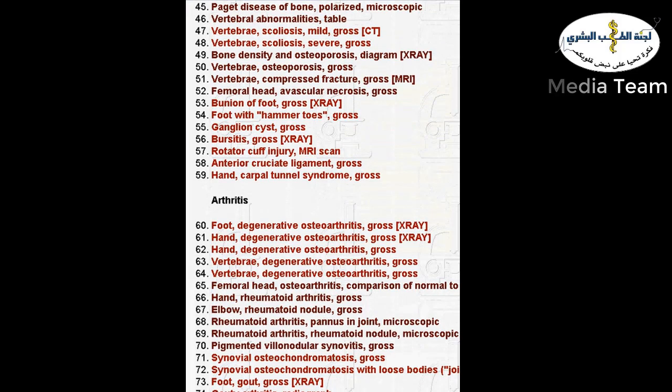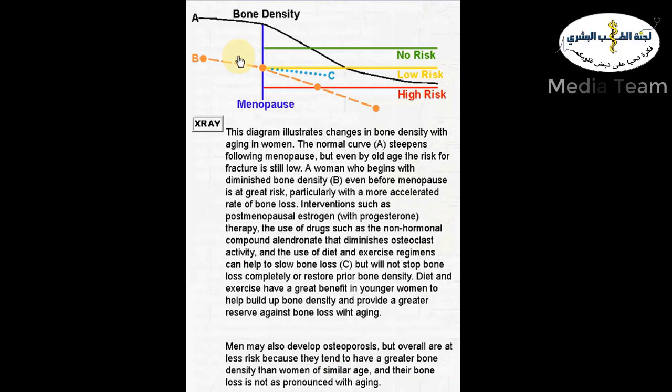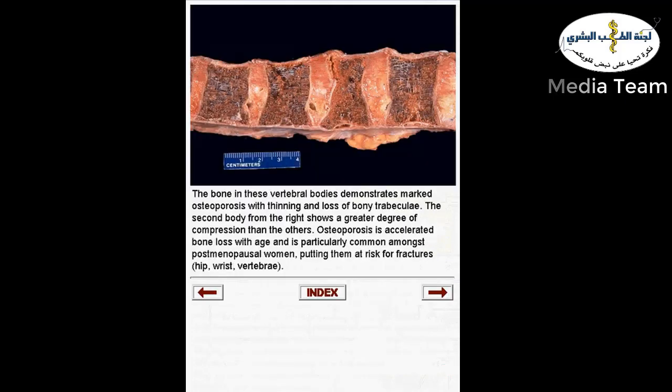Now, another very common elderly bone disease is osteoporosis. Osteoporosis is very common in our society, and in all other societies, not only in our population. And it's common especially where? In females. It's more common in females than males.